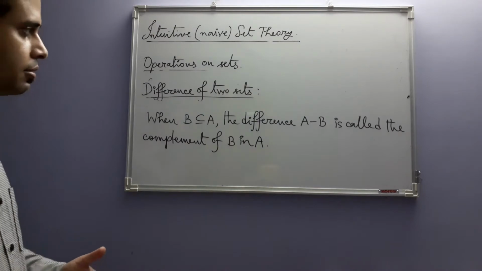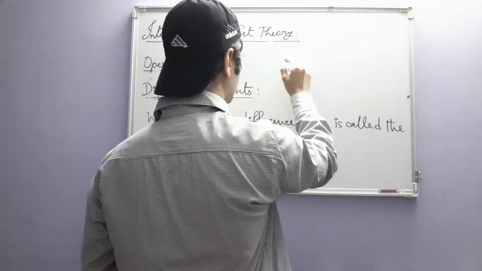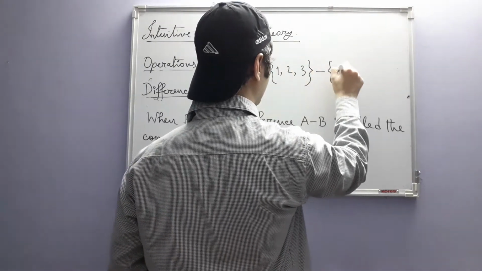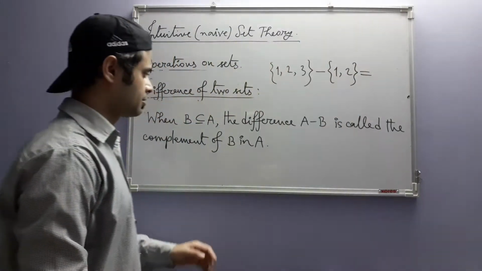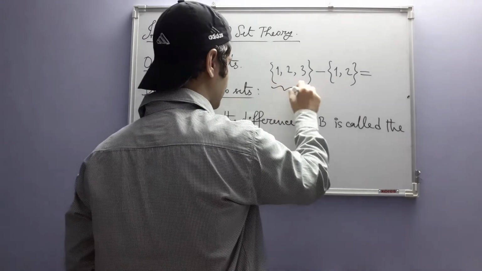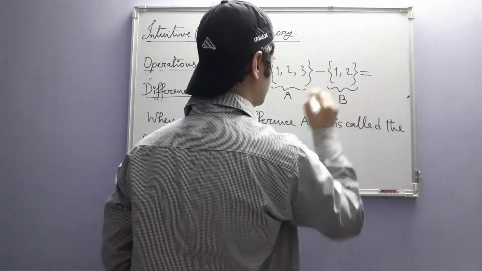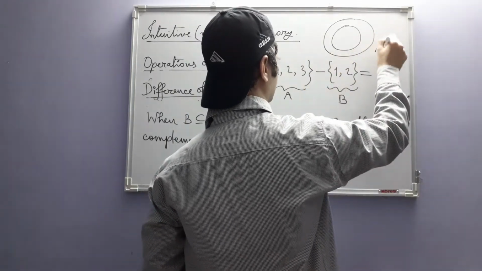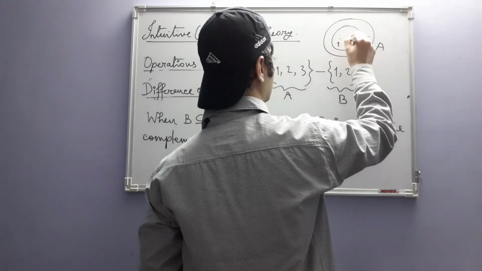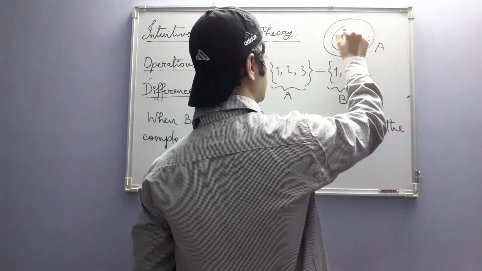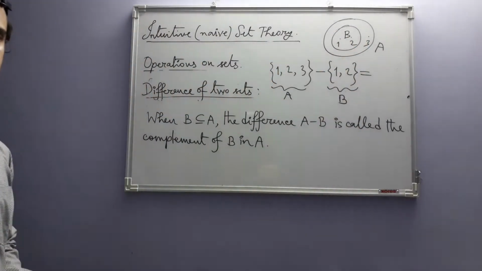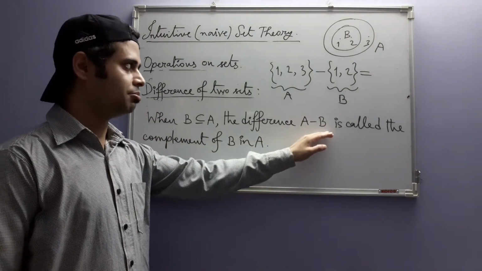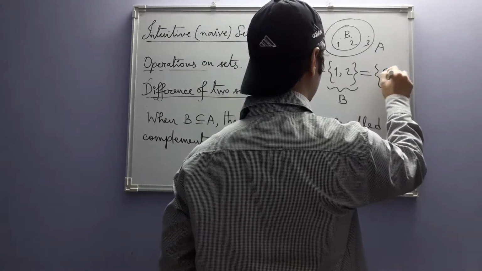It may happen that whenever you are taking difference, for example, in this case, here this is our A, this is B. So if we draw the Venn diagram, this is my A, 1, 2, 3, and this is B. The one sitting inside of A is B. So in this case, if I calculate the difference A minus B, what do I get? 3.